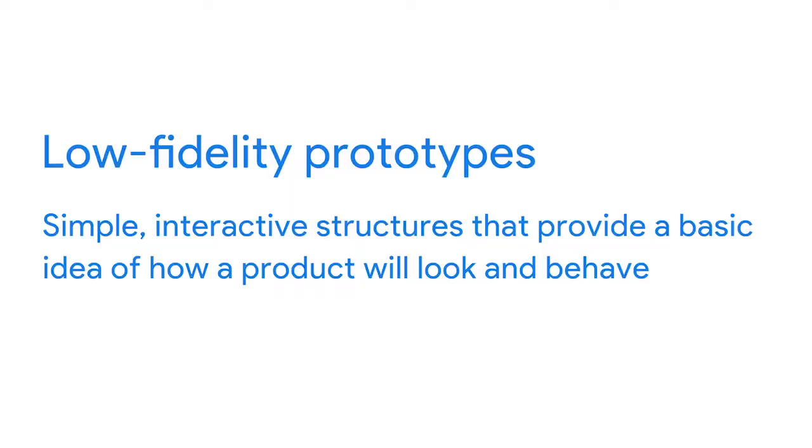I mentioned that prototypes are intended for testing our product ideas before we produce the real thing. Prototypes are broken down into two categories: low fidelity and high fidelity. Low fidelity prototypes are simple, interactive structures that provide a basic idea of how a product will look and behave. They're used to communicate big picture design concepts and usually don't include finalized design elements or realistic content.